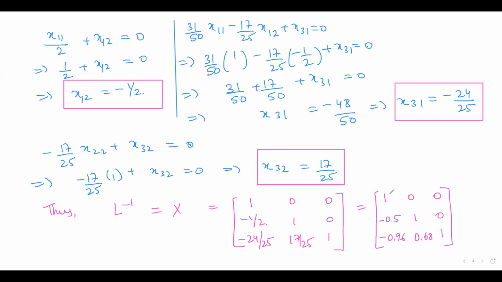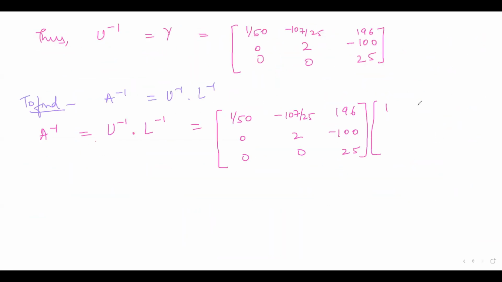So L inverse is this. Let me just write it quickly: 1, 0, 0, 1, 0, 1, minus half, and this is minus 24 upon 25, and this is 17 upon 25. So when we multiply these two, finally we will be getting A inverse value.